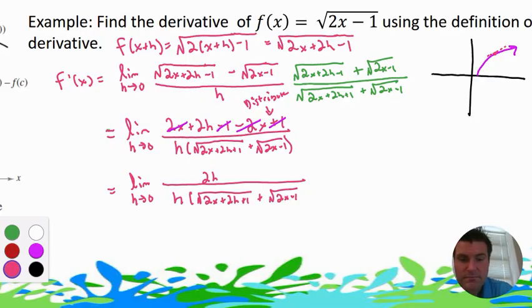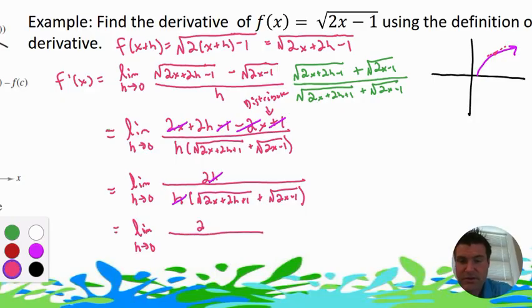There we go. All right, h is going to cancel out. So now I'm left with just a 2 on the top. And I'm actually free to go ahead and substitute in my 0 now.